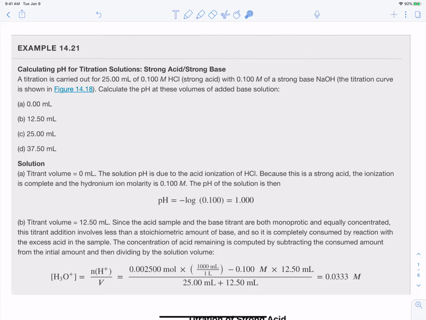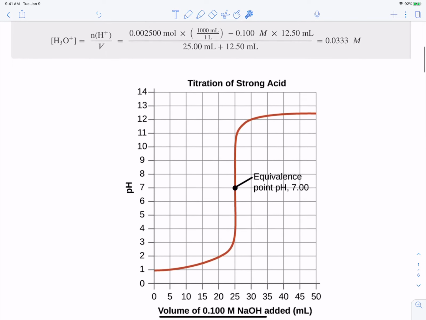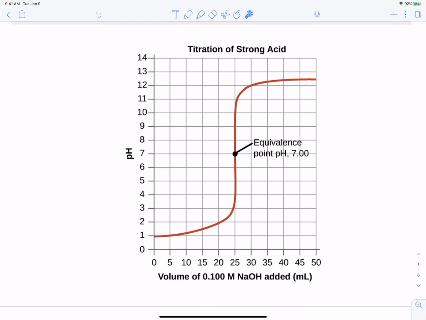If we look at the titration initially, we can see that this is a titration of a strong acid. So we would expect at the beginning the pH to be very, very low, which it is, a pH of 1.